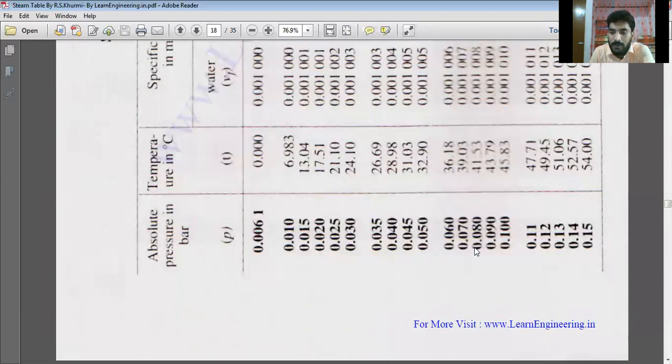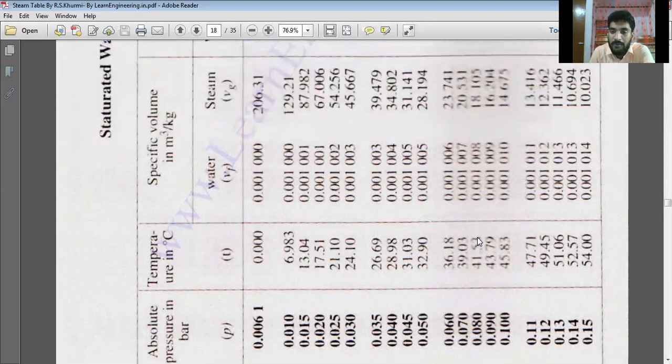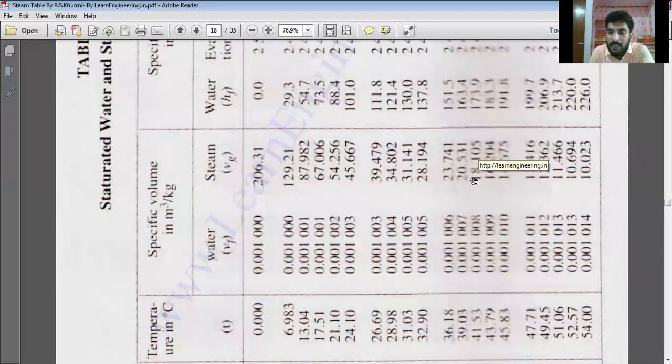At 0.08 bar pressure, I want the specific volume, specific enthalpy and specific entropy. The specific volume is in meter cube per kg. Here VF represents water and VG represents steam. At 0.08 bar, the VF value is 0.001008 and the VG value is 18.105.